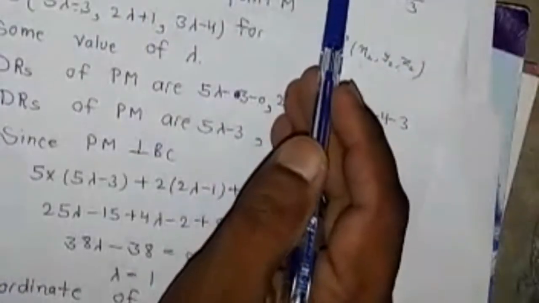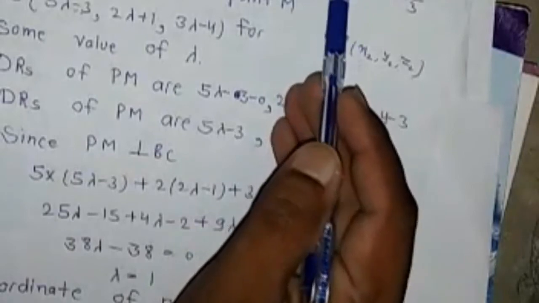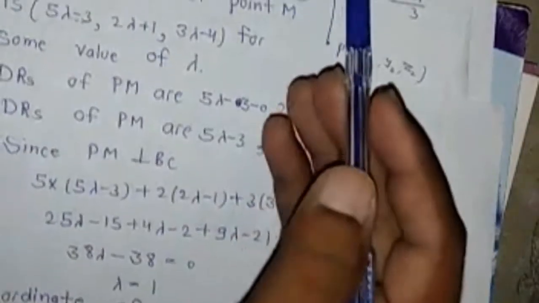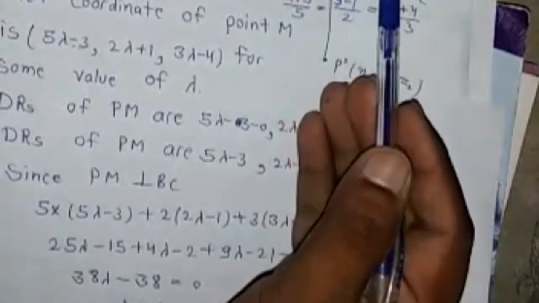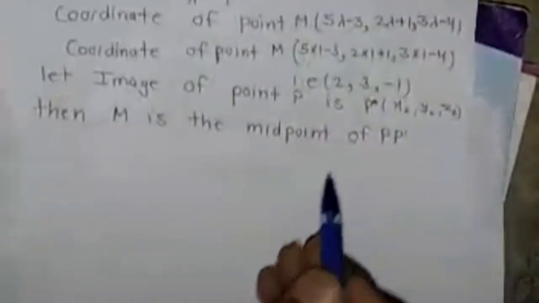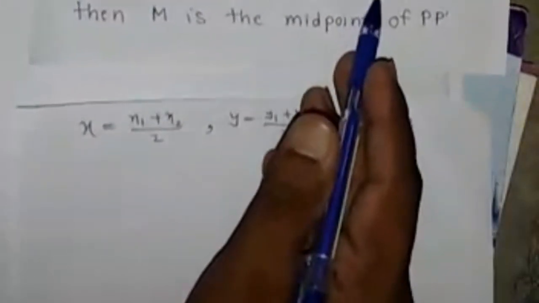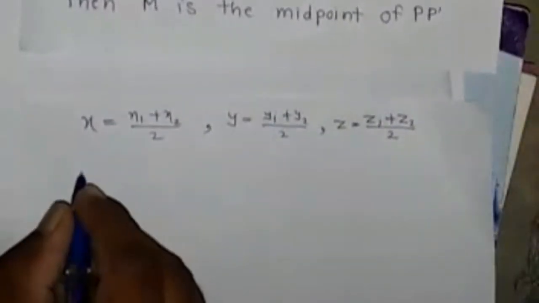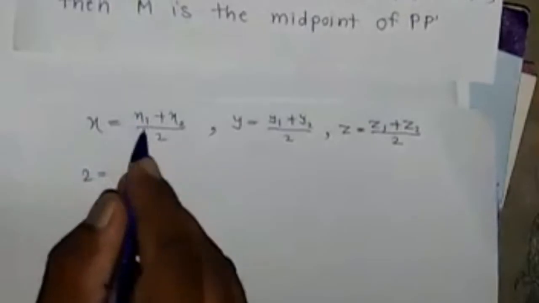Suppose (x, y, z) is the coordinate of M, (x1, y1, z1) is the coordinate of P, and (x2, y2, z2) is the coordinate of P dash. Then the value of M is given by (2, 3, minus 1).